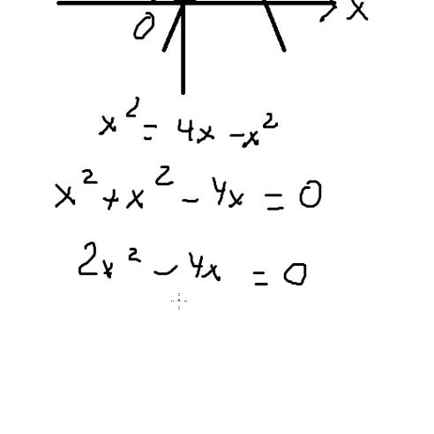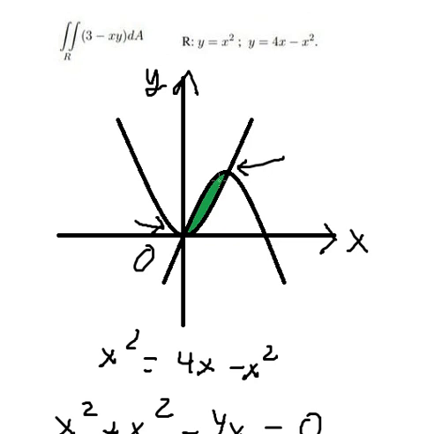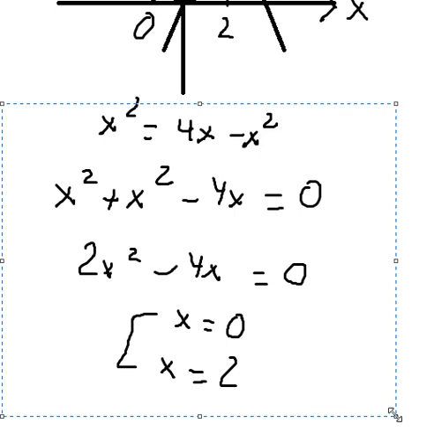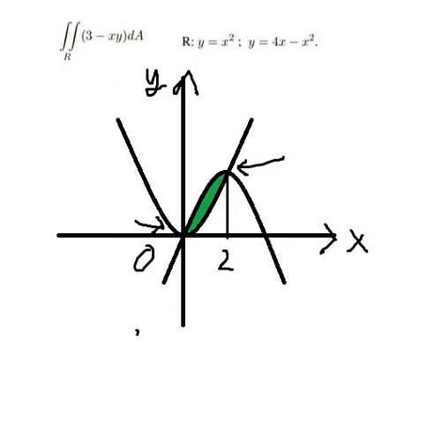And we have x equals 0 and x equals 2. So this one is about 2 here. Now we need to put the bounds in here.